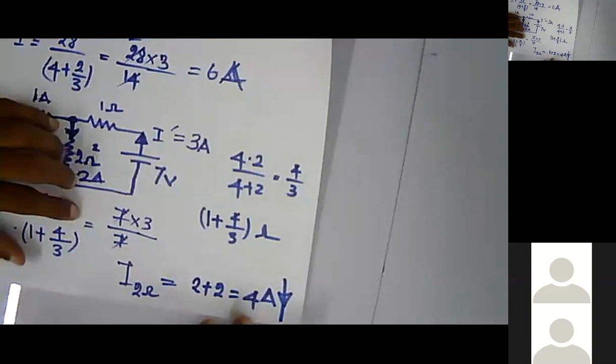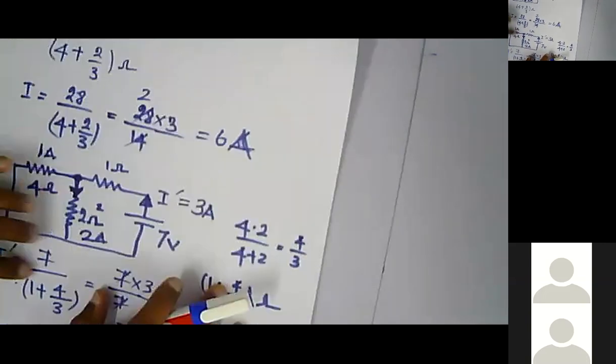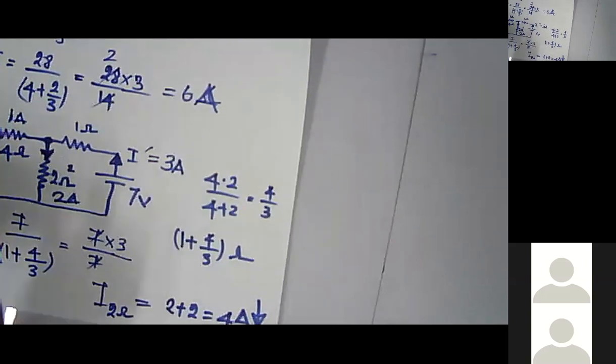For example, if you have the same 2 amperes current the other way around, if the battery is connected the other way around, your resultant will be 2 minus 2, and you will have effectively no current flowing through the 2 ohm resistance. So this is the arithmetic sum. The direction is really important.